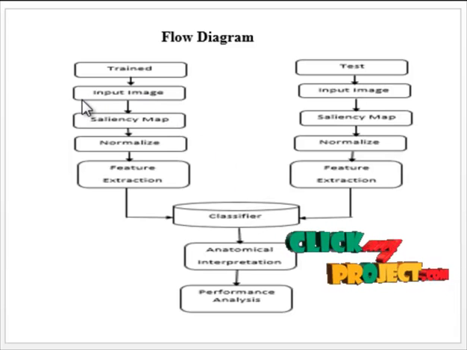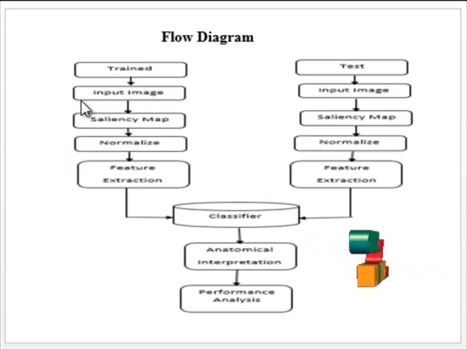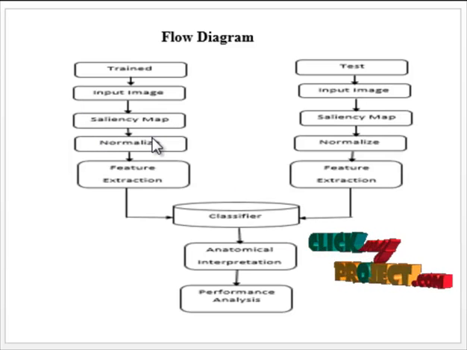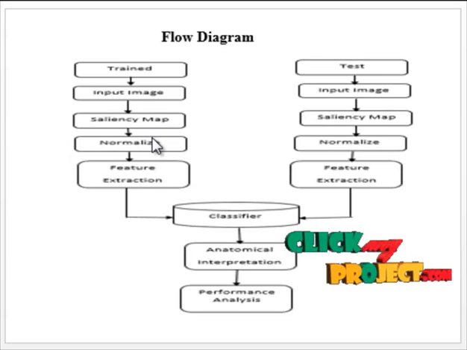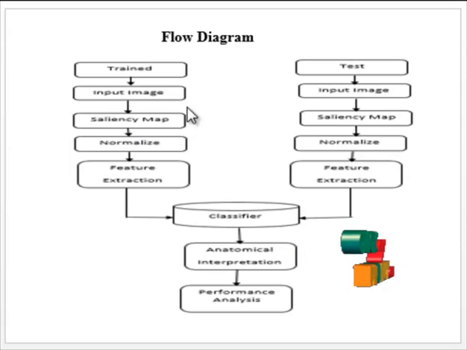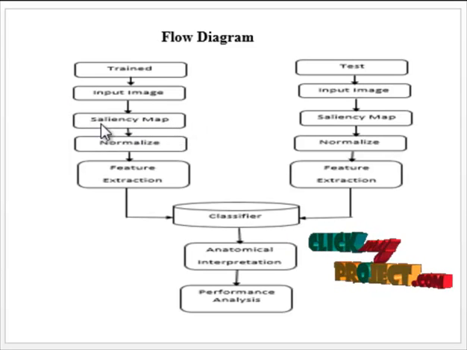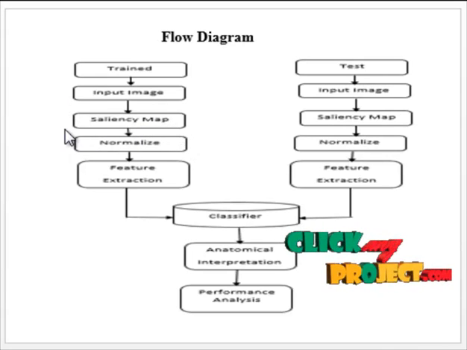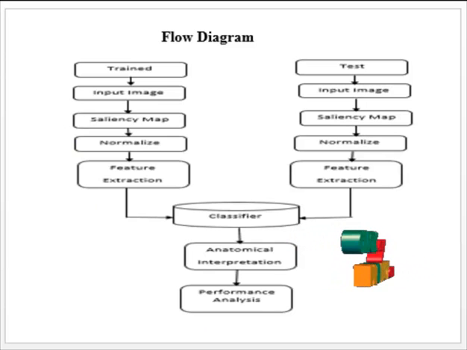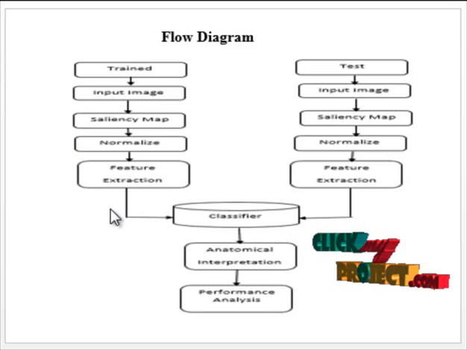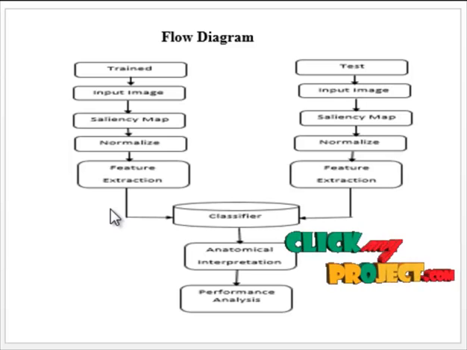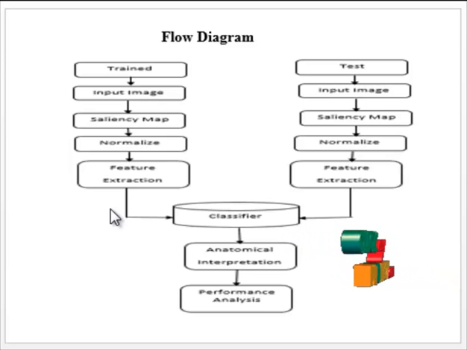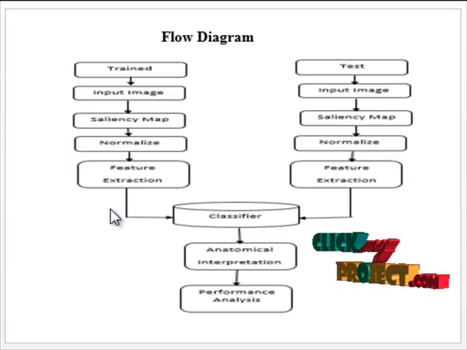First, the input brain image will be processed by calculating the saliency map. After calculating the saliency map image, the image will be normalized by changing the intensity level. The normalized image will pass through the kernel fusion to extract the features.